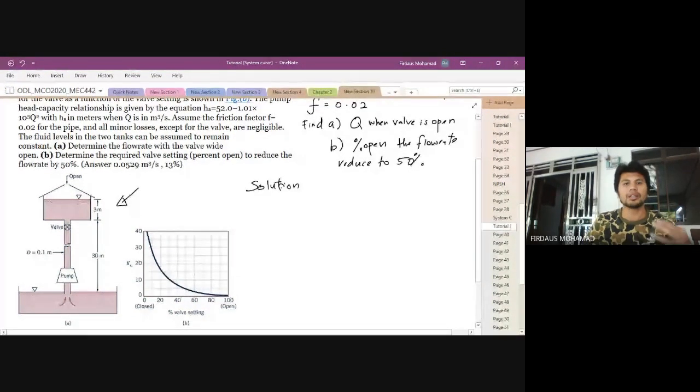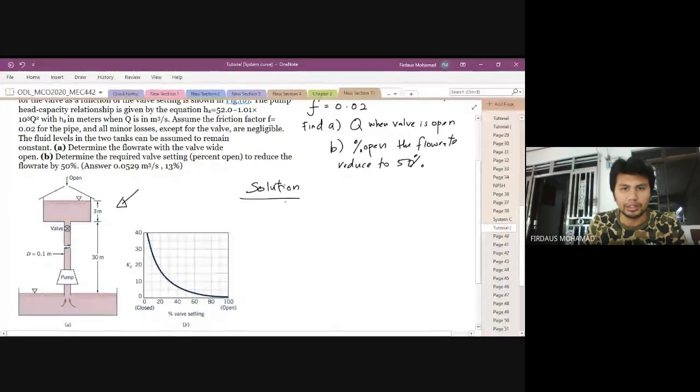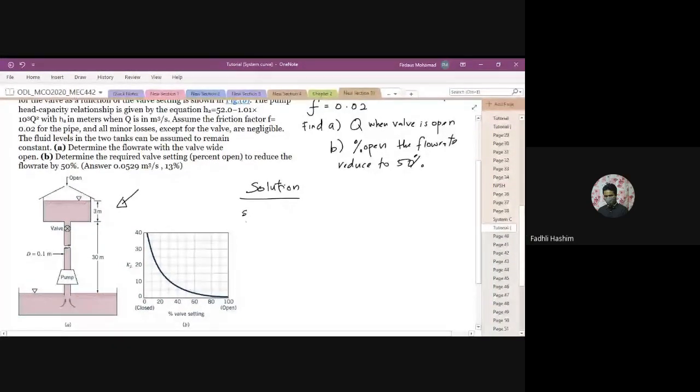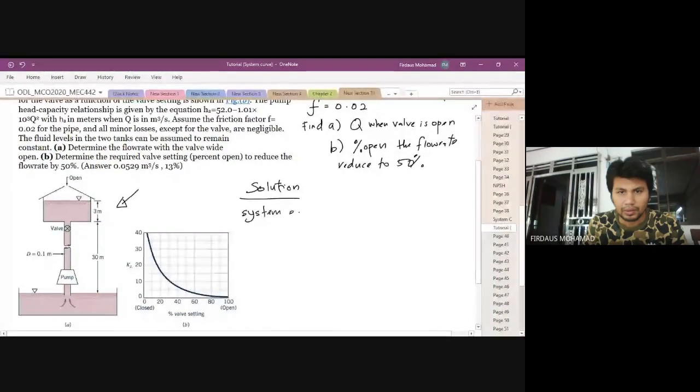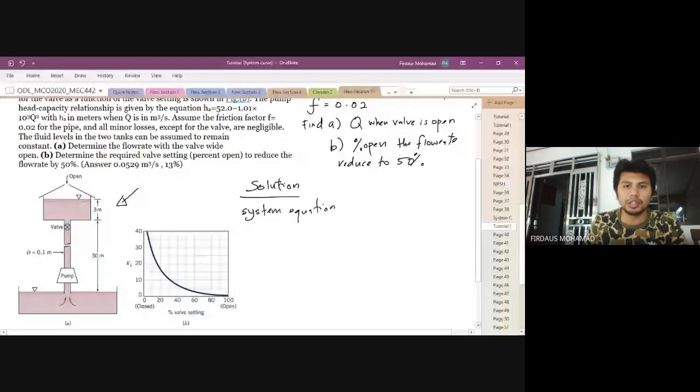We need to find our system equation. Let's say this is point 1 and point 2.